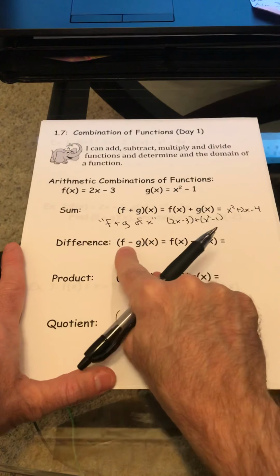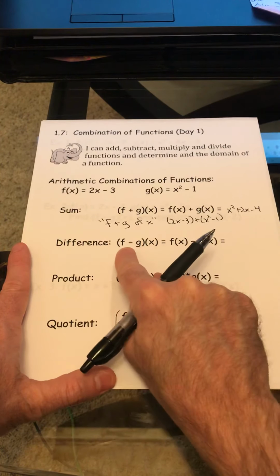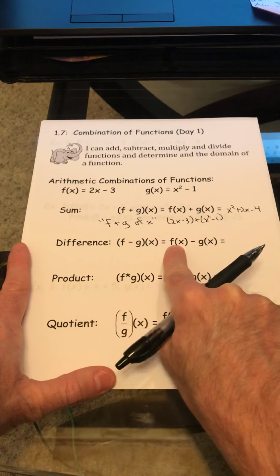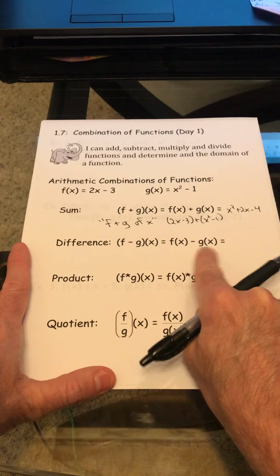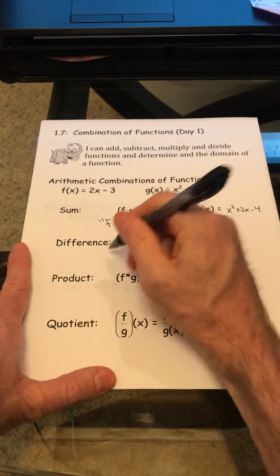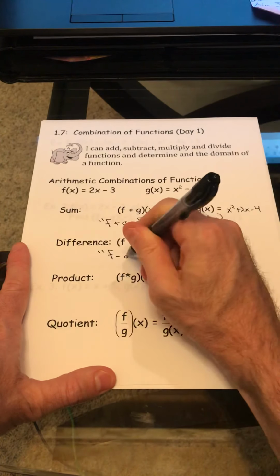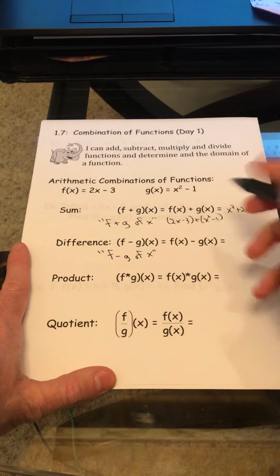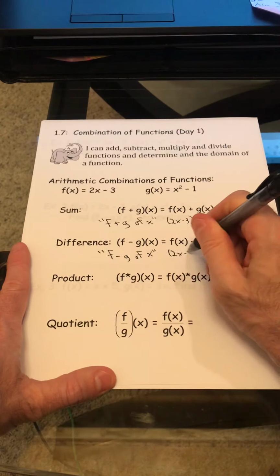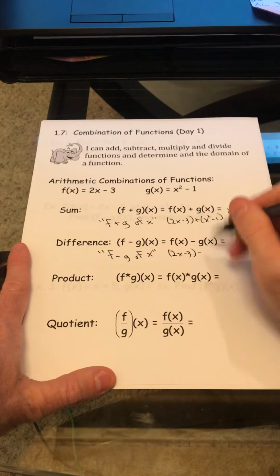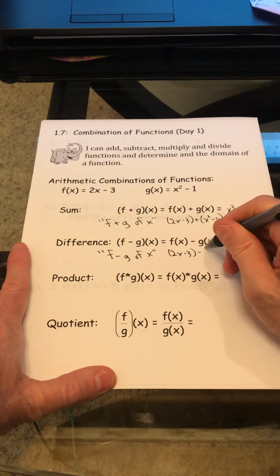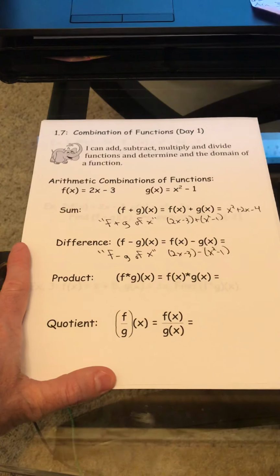The difference, much like up here, says f minus g of x. It's just like f of x minus g of x. So this is saying take function f minus function g.